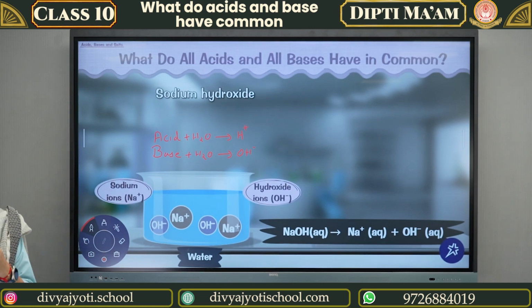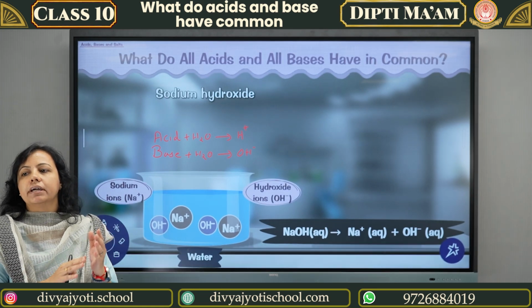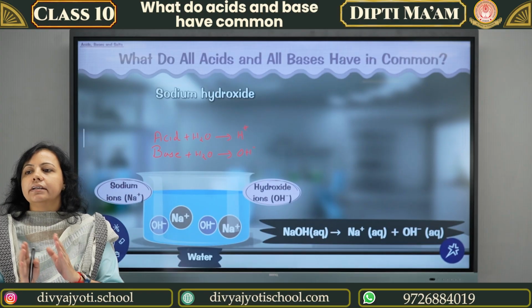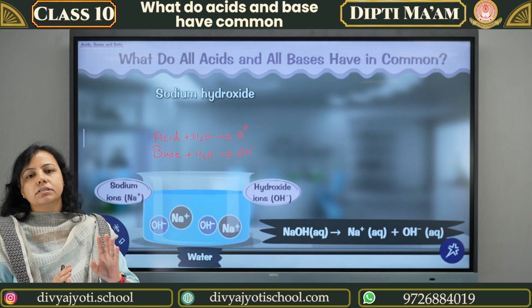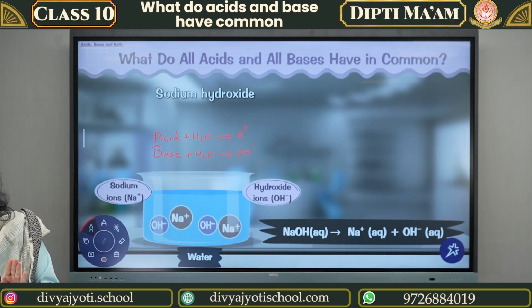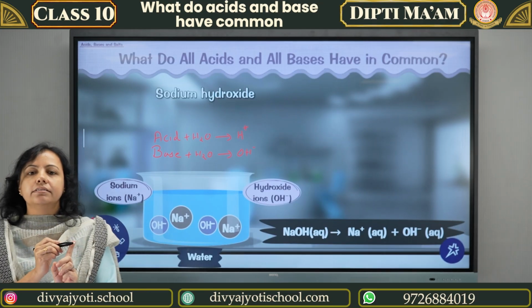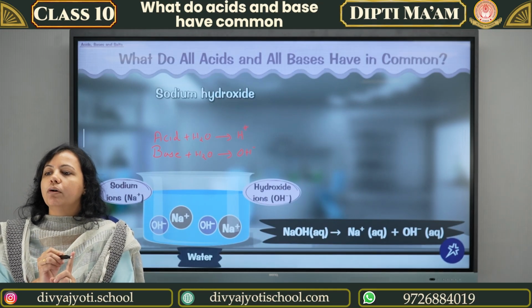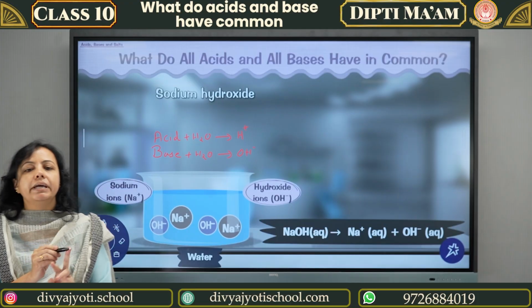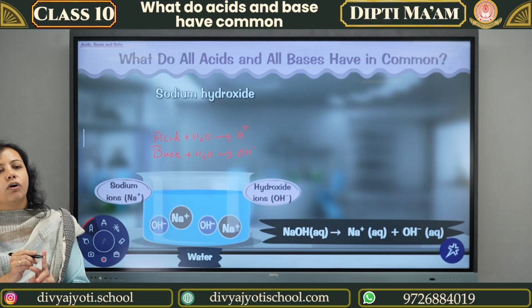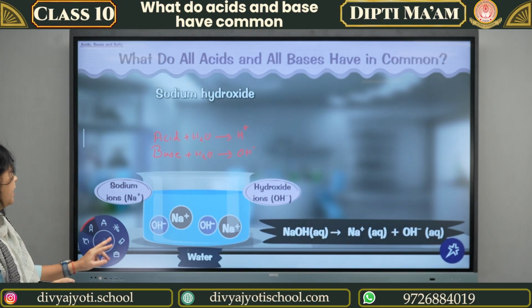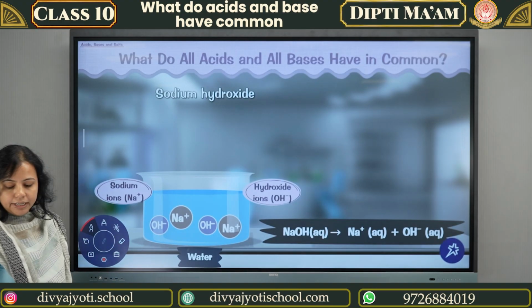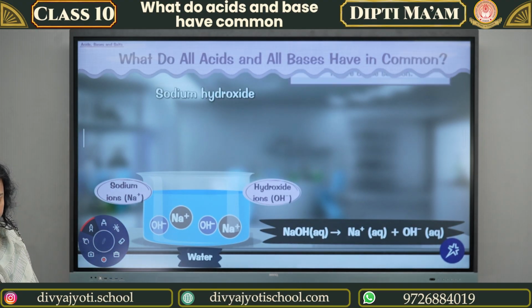The formation of ions, whenever molecules react with water, the splitting of these molecules, is known as the ionization process. If acids react with water, they form the H+ ion. If bases react with water, they form the OH- ion.